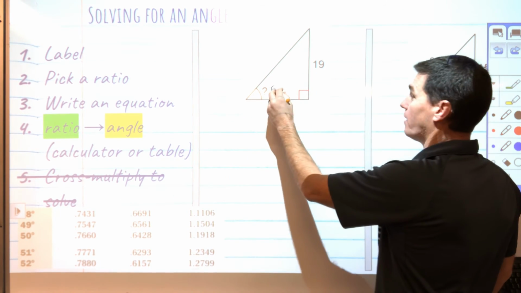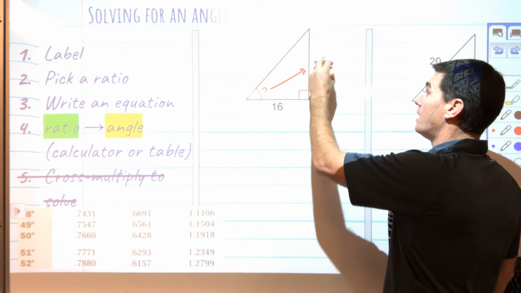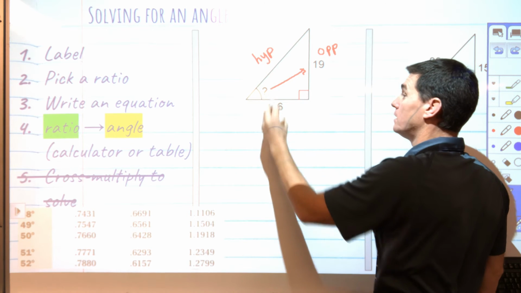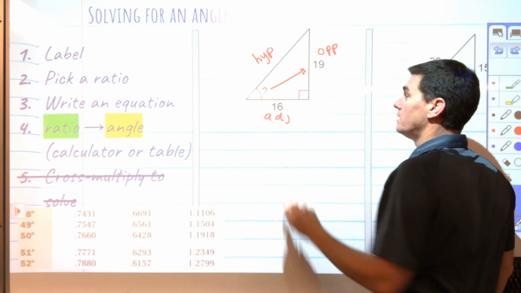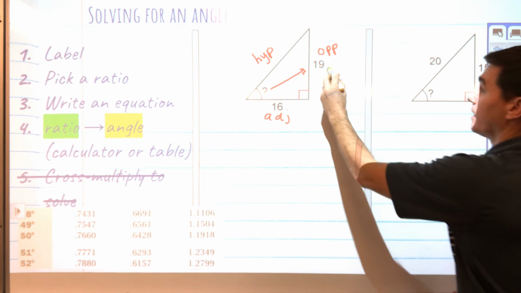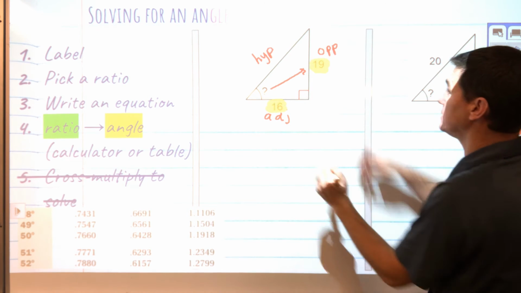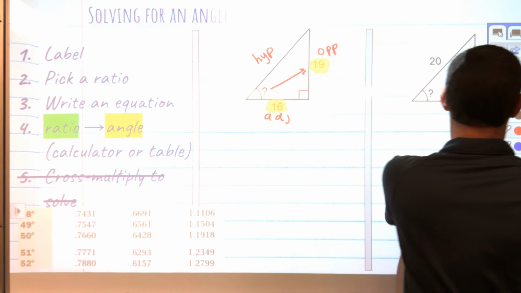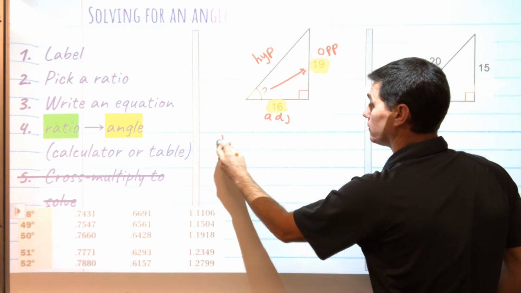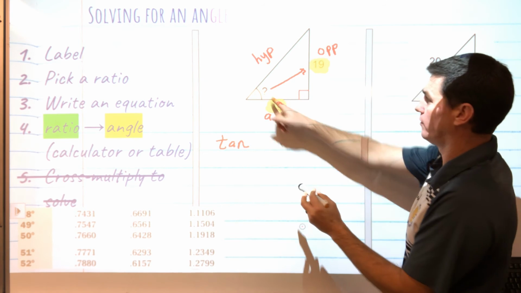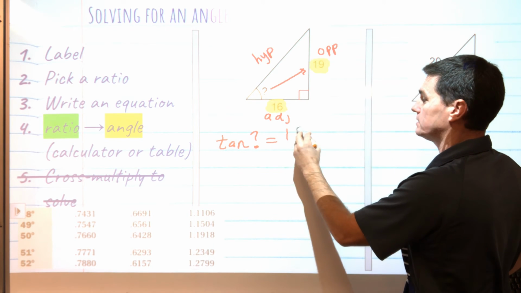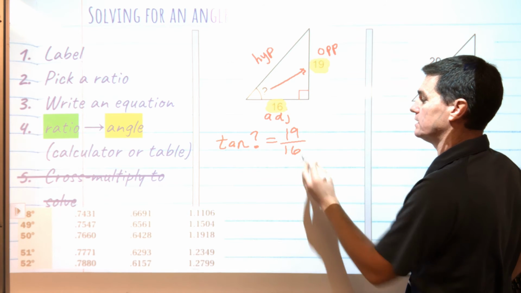From my reference angle, I label the opposite. This is my hypotenuse. This is the adjacent. And I look at the two players in the game. I know 19 and 16, so I'm using O and A. O and A leads us to tangent. So the tangent of some angle we don't know is 19 over 16.